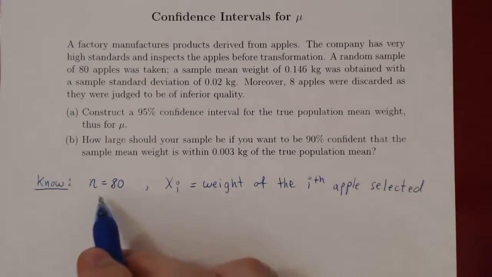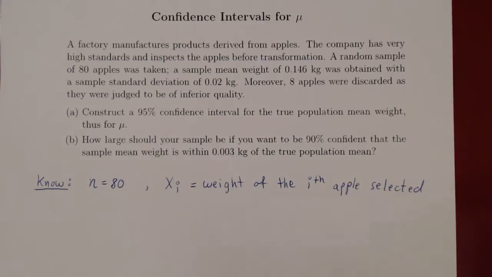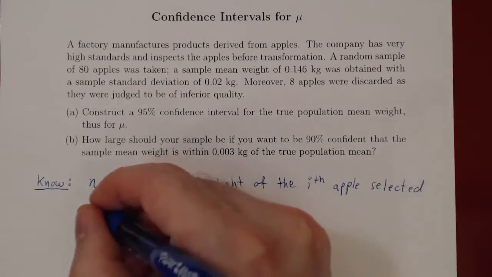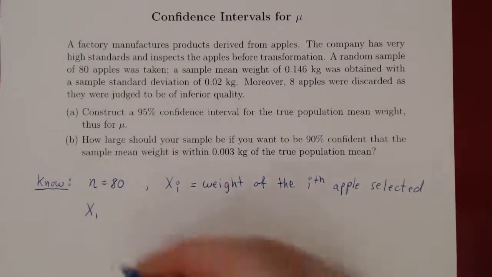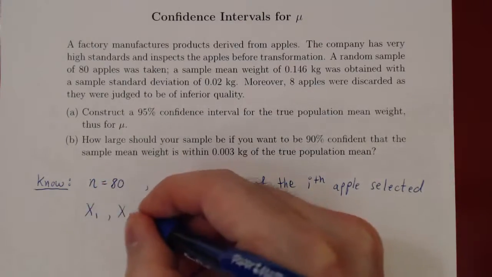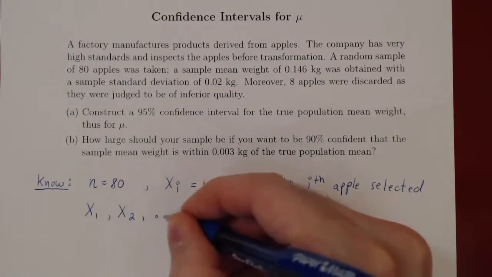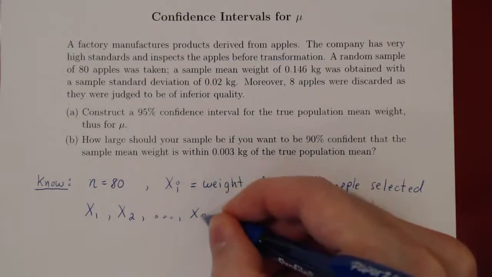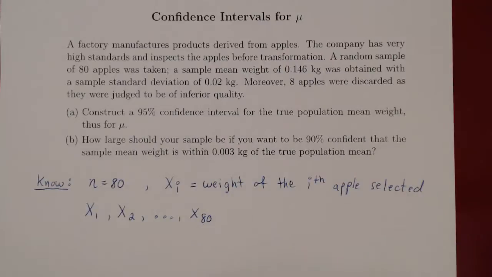Okay, so here, since we are sampling at random 80 apples, that gives us 80 possibly different weights. Therefore, we have 80 random variables. We have x1, the weight of the first apple, x2, the weight of the second apple, up to x80, the weight of the 80th apple.